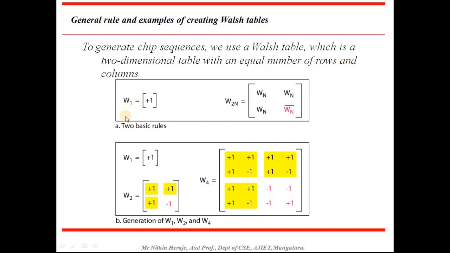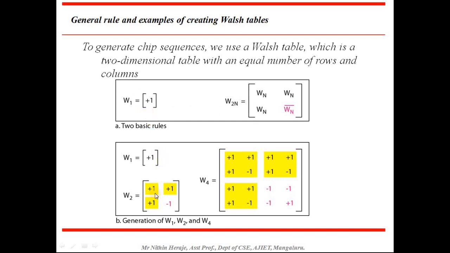Okay, so we have W1 as +1, and W2n is, this is what you have to follow. W2n is nothing but Wn, Wn, Wn, all positive, and the last one is negative, that is the complement of the element. So if it is +1, then it should be -1. Okay, so these are the two basic rules over here.